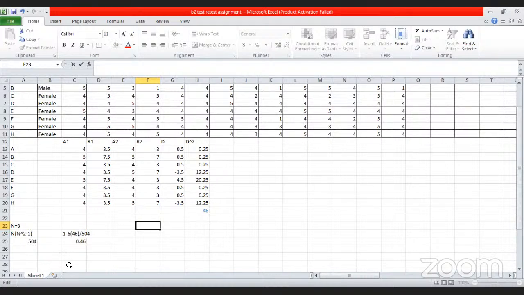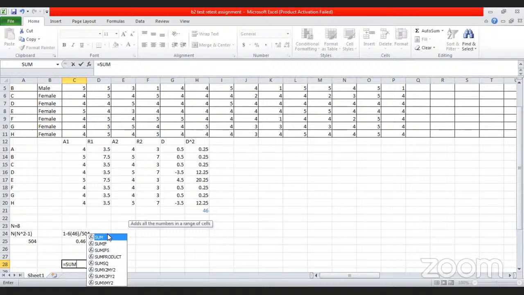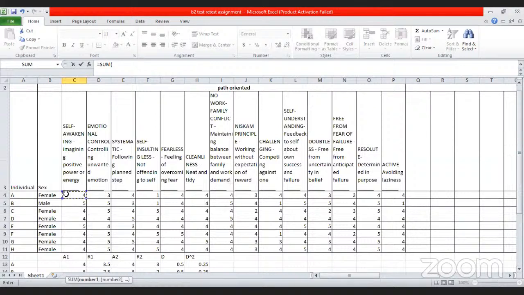Here, equal to sum. I will sum all of those. So I'm selecting all the path oriented values for the individual A.